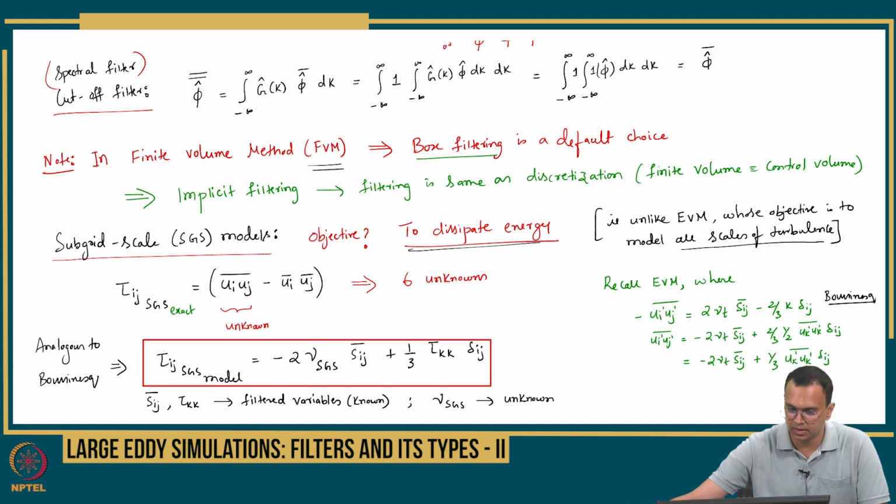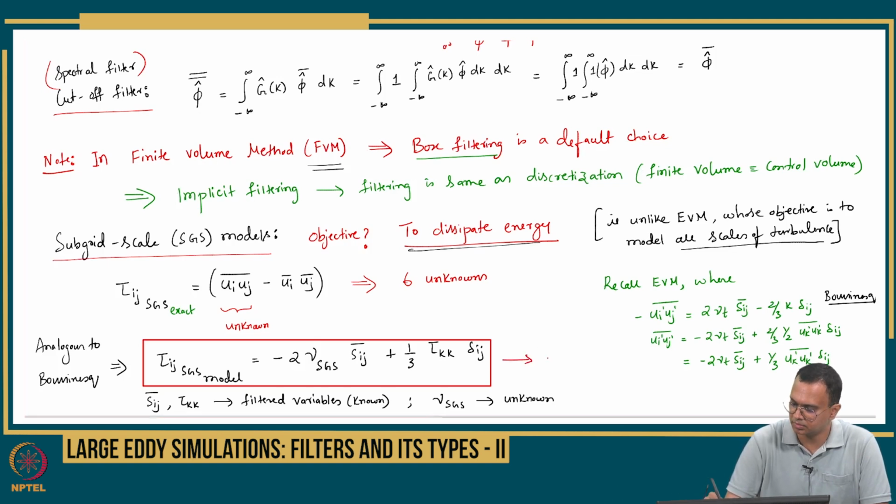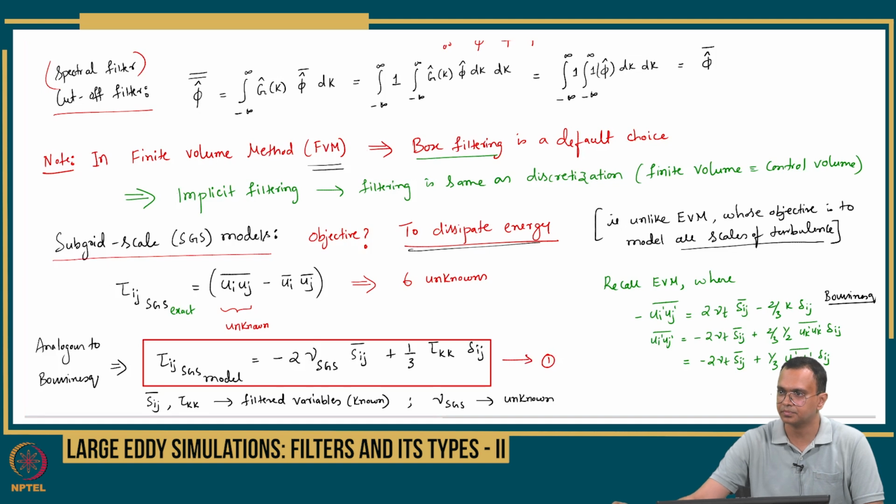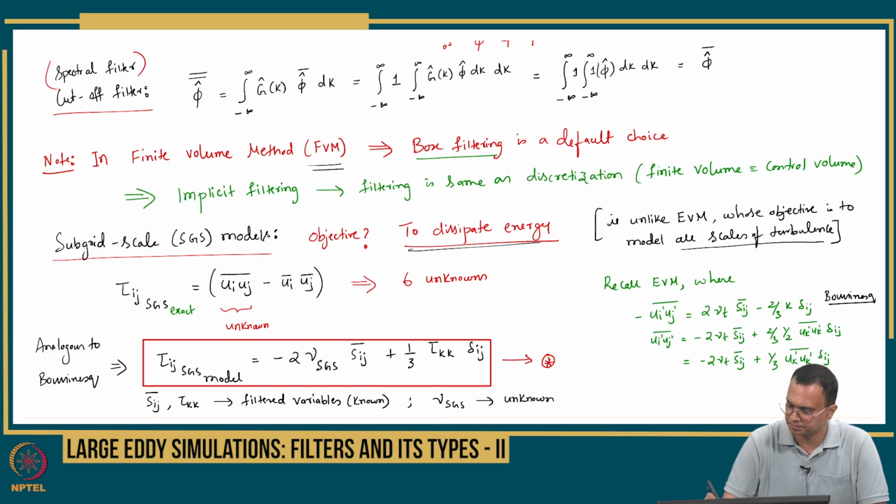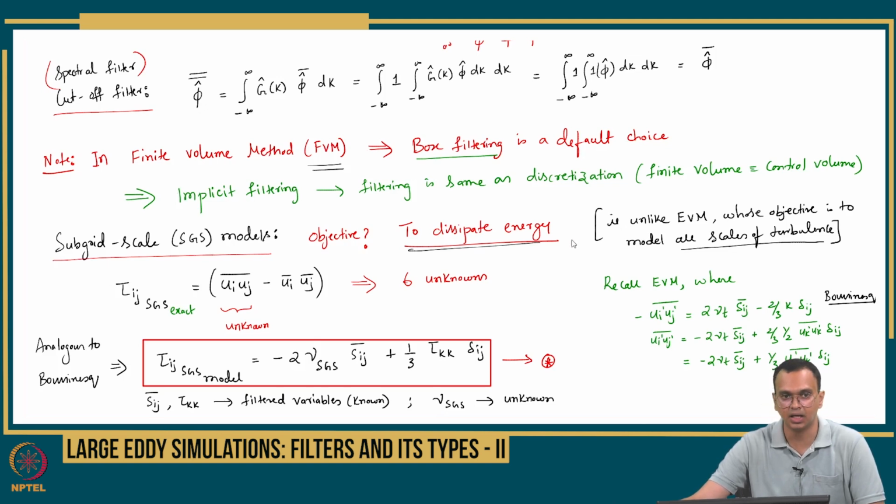So for that, there is a small variation to this. Let's call this equation number 1, or I can say star. So in equation star, sometimes it's popular to replace this tau kk using the k, like in the eddy viscosity model, but that k becomes the SGS kinetic energy, not for the whole energy spectrum. So that version is also used.